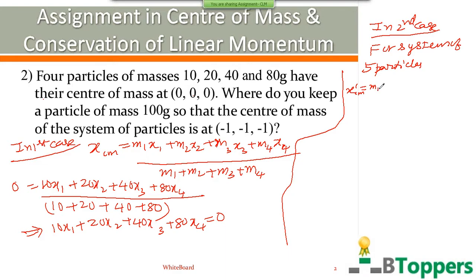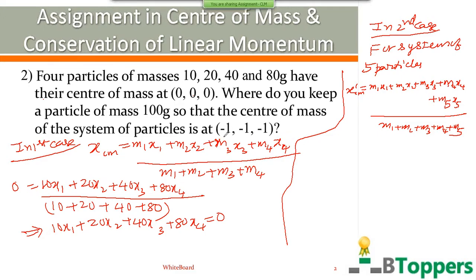You can write it as m1 x1 plus m2 x2 plus m3 x3 plus m4 x4 plus m5 x5 divided by m1 plus m2 plus m3 plus m4 plus m5.